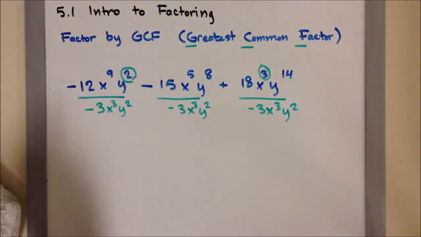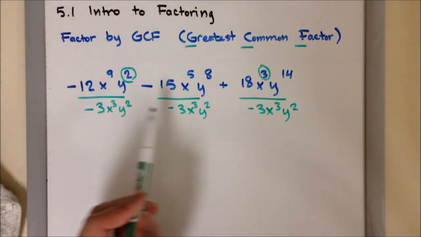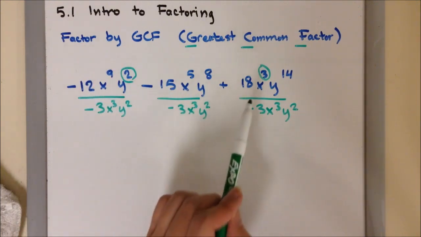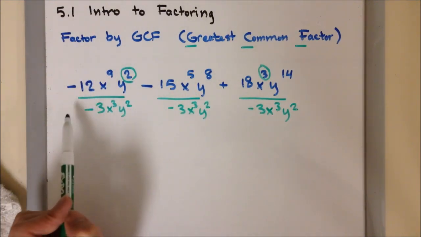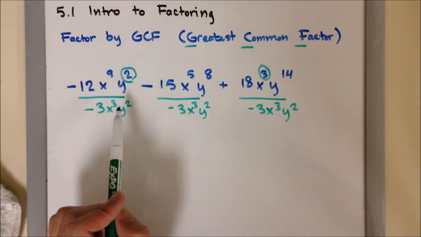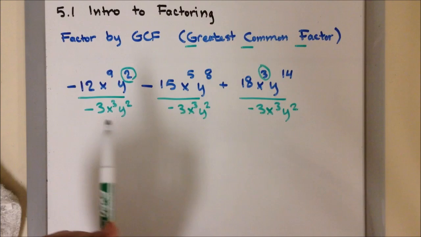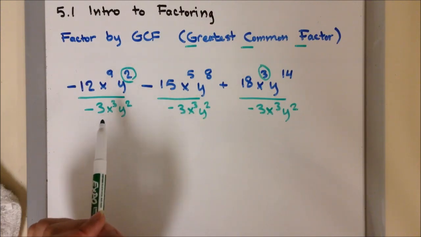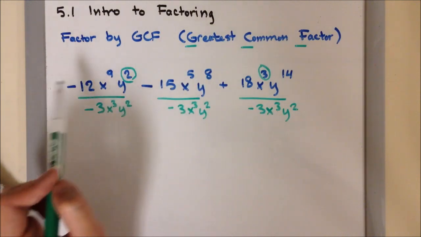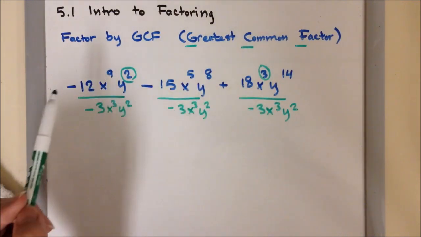So to review, I'm dividing the numbers by 3 because it goes into 12, 15, and 18, and I'm also dividing by a negative 3 because the first term is negative. Each of the 3 terms has x's, so I'm going to divide by x to the third because the third is the lowest exponent between 9, 5, and 3.